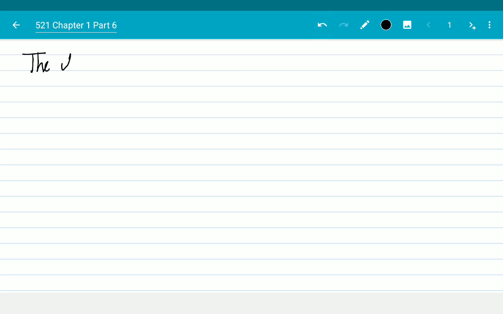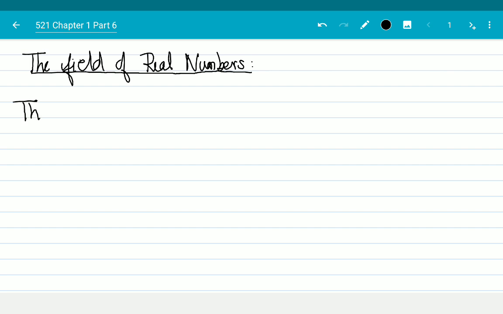Okay, so first of all, the construction is slightly annoying, and we will look at it slightly later, but for now we will say that the field of real numbers exists.